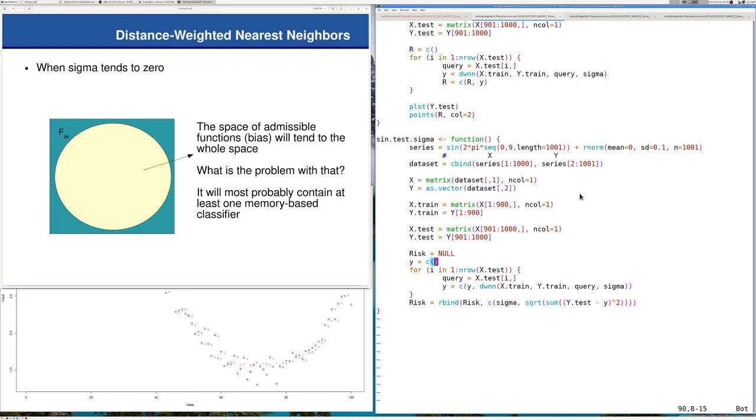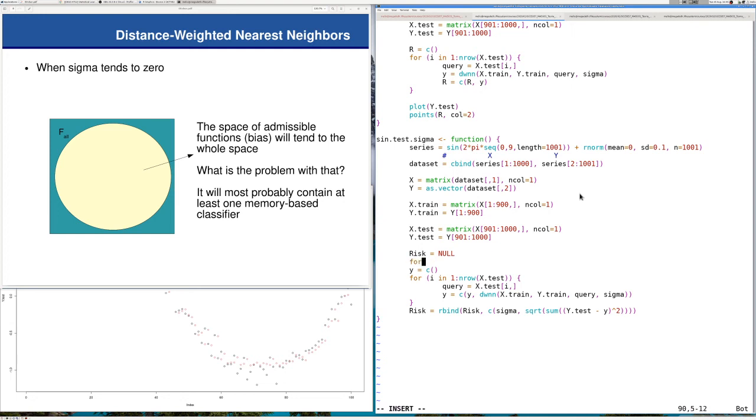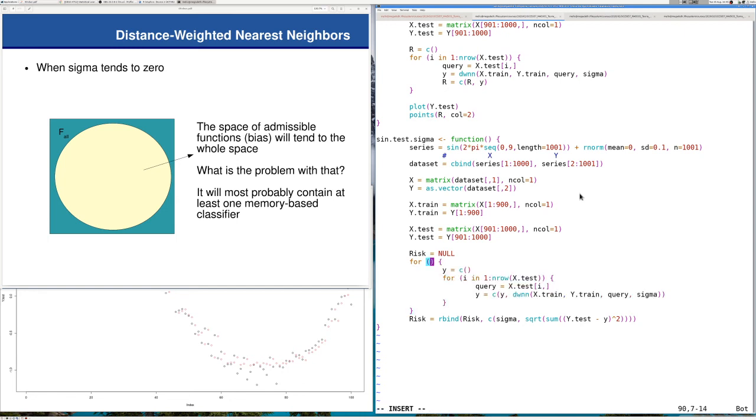Here I will vary my sigma values. My sigmas will be here. This will be the sigma variation. My sigma will start, for example, at 1e-7 and go up to 1. And I will create 100 sigmas in that interval.